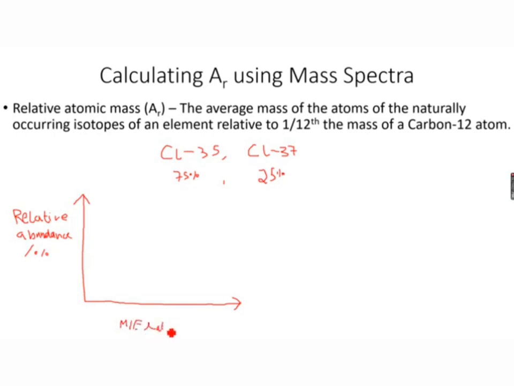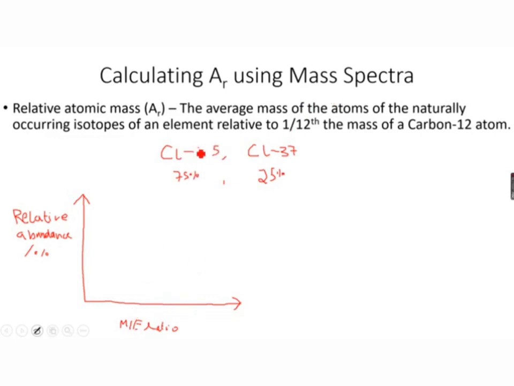Now what the m/e ratio is, you don't really need to know. We will be focusing more on the m/e ratio when we do A-level chemistry. There is a topic on mass spectrometry over there, and we will be doing that at A2 level. But for now, we don't need to know what it means. We just need to know that the m/e ratio is the same as the mass of these.